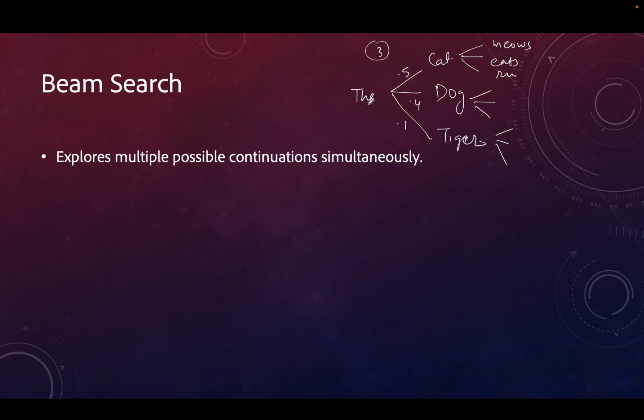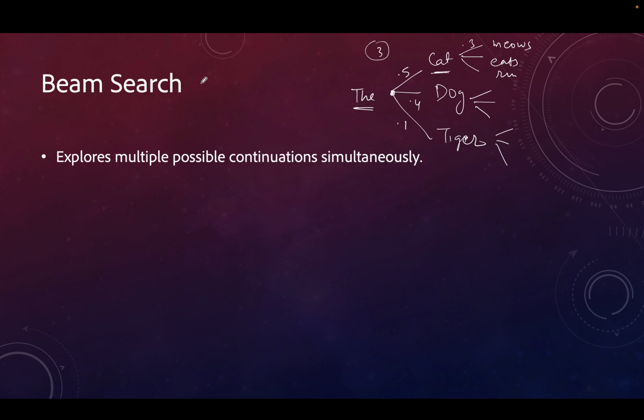In the greedy approach, what you were doing is picking cat because it has the highest probability, and then you would pick one of the branches, one of the words which has highest probability, and so on. In beam search, you will do the same for a number of beams.